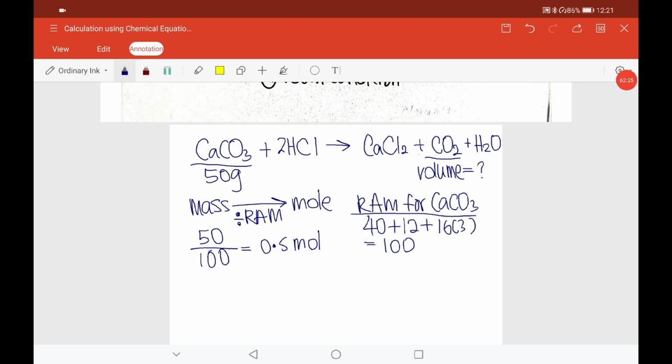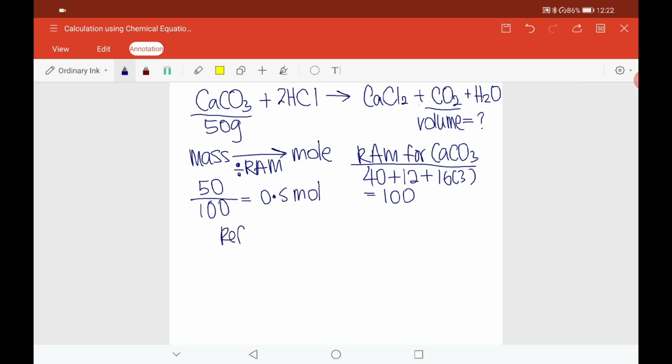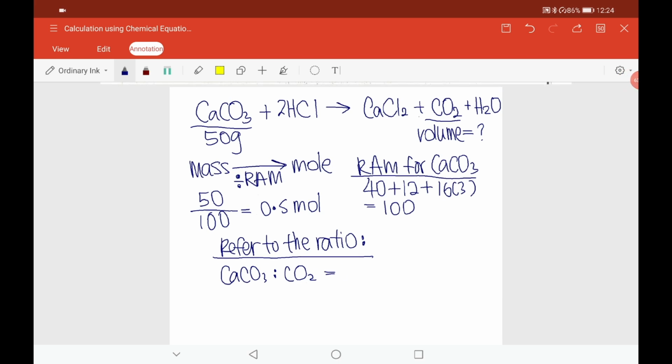Once we have found the mole for the CaCO3, we can continue to find the mole of another substance by using the ratio. The ratio we are referring to is CaCO3 and CO2. Looking at the numbers at the front, the ratio is 1 to 1.